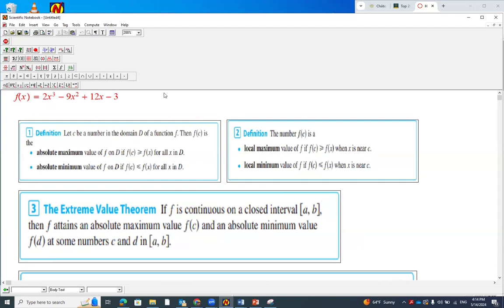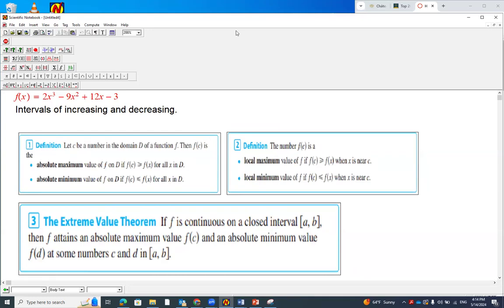First, we're going to find intervals of increasing and decreasing. For all of these, we need to know critical numbers, because those are the places where the derivative changes sign.